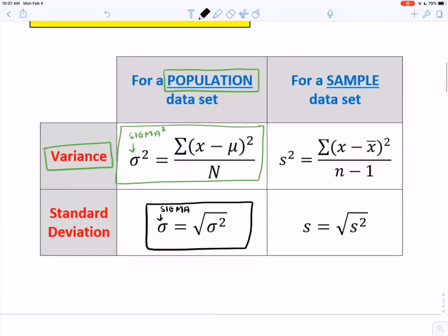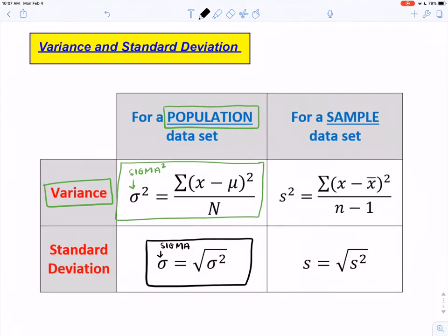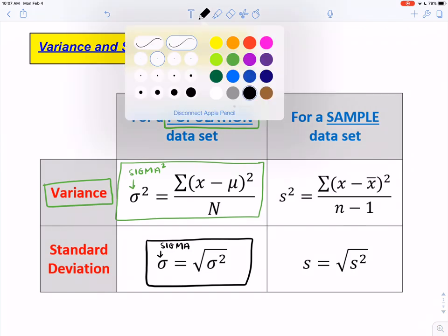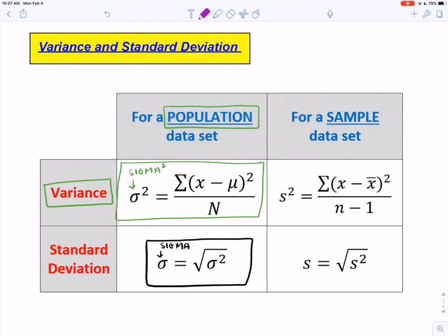What we are going to focus on next class is this same calculation, variance, standard deviation, but instead of for a population, we're going to look at how this differs for a sample. Now, obviously, there's going to be some differences in notation. Instead of sigma, we'll just see an S. Instead of population mean mu, we'll just see sample mean x bar.